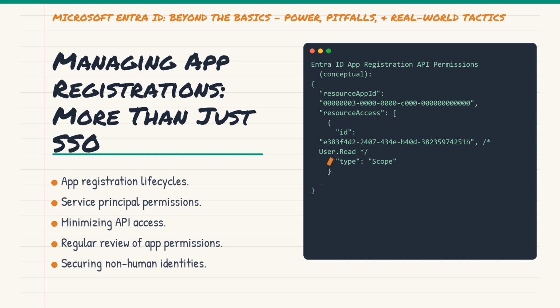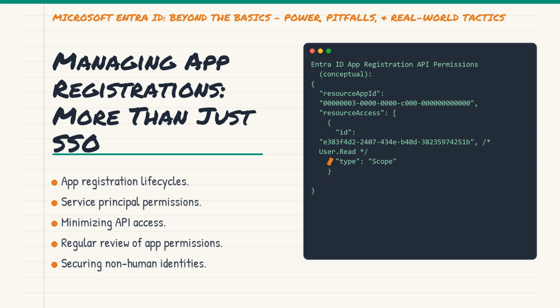Service principals, which represent these applications in Entra ID, need to be treated with the same rigor as user accounts. Regular reviews of app registrations and their assigned permissions are a must-have. Think of them as service accounts with potentially broad access.